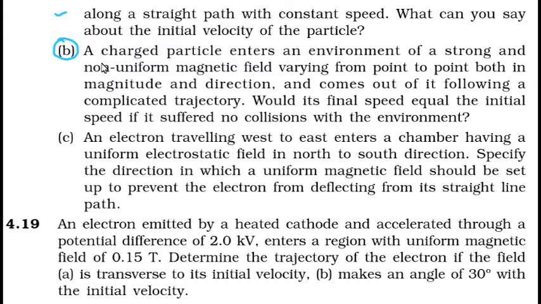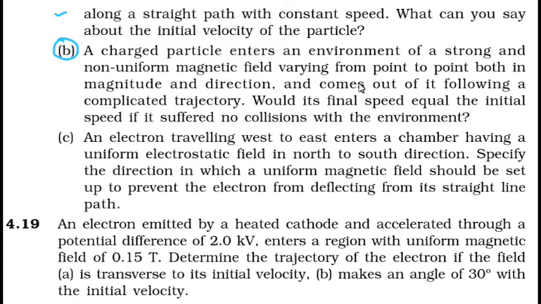Let us understand the problem. A charged particle enters an environment of a strong and non-uniform magnetic field varying from point to point both in magnitude and direction. So, magnetic field is varying from point to point both in magnitude and direction.